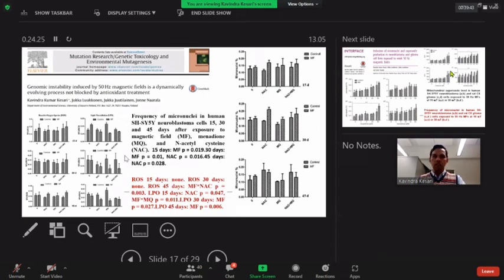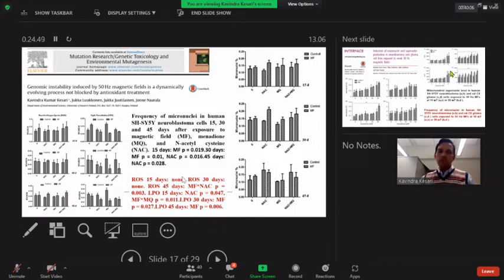Basically, we exposed neuroblastoma cells, if I remember right, for 2 hours or something like that, and after that we put them for incubation for 15 days, 30 days, and 45 days. Same cells, we have not treated again.